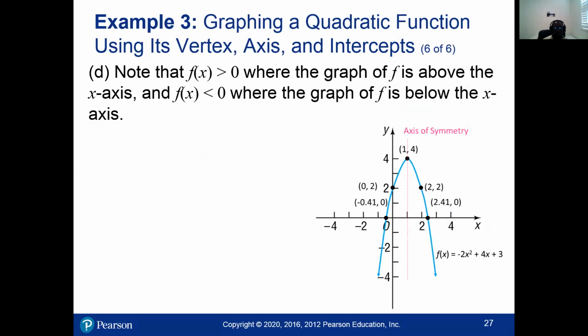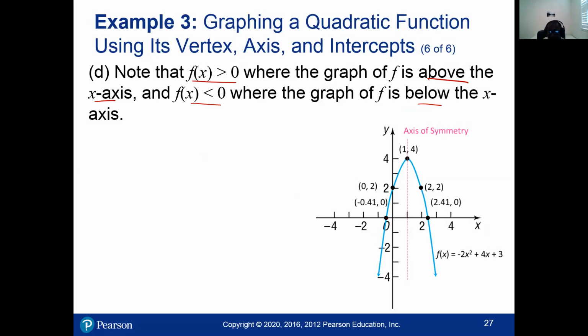Now, the fourth question, D, says that we should find where f of x is greater than 0. That means it is above the x-axis. And where it is less than 0, it is below the x-axis. So we are looking for the x values where it is above the x-axis, this portion.